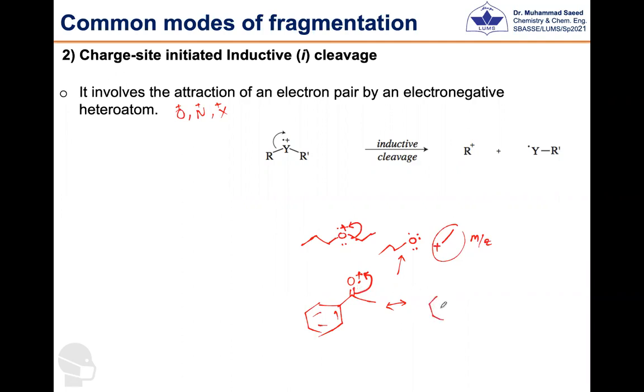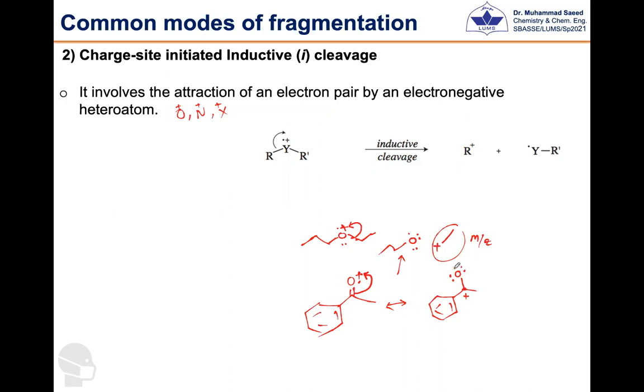And since no breakage has taken place with this mechanism, we will draw another structure where the positive charge has moved to the carbon, because when you have moved this electron pair, the positive charge showed up at this end.